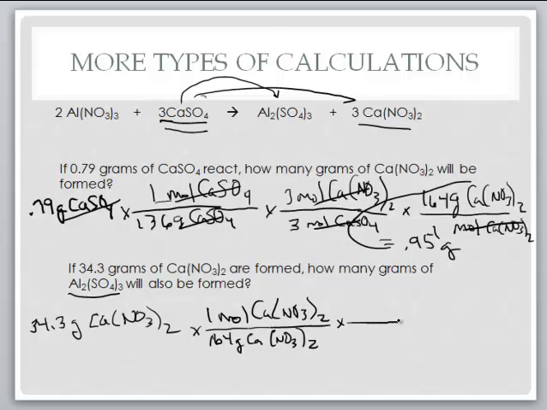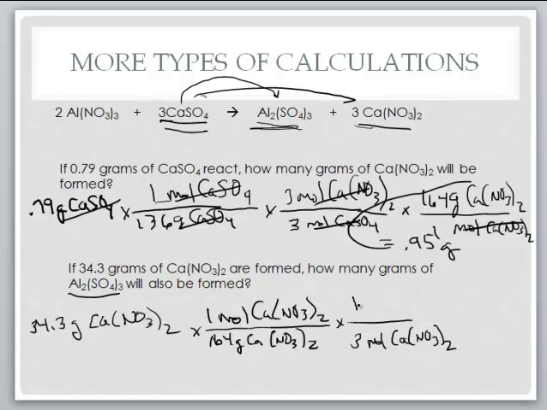Do the mole ratio. 3 moles calcium nitrate. That's on the bottom. And we are going to aluminum sulfate, so we're going to there.